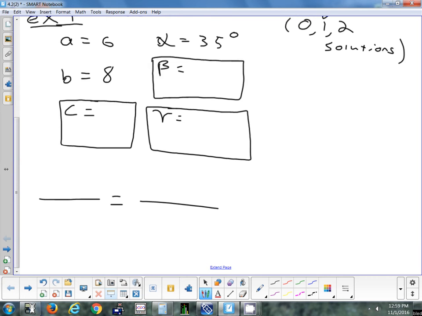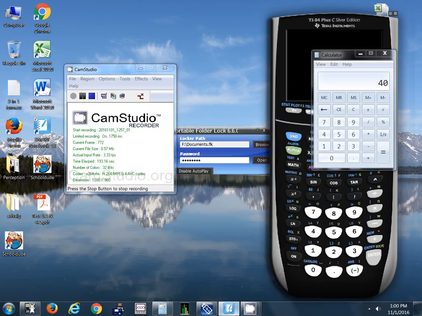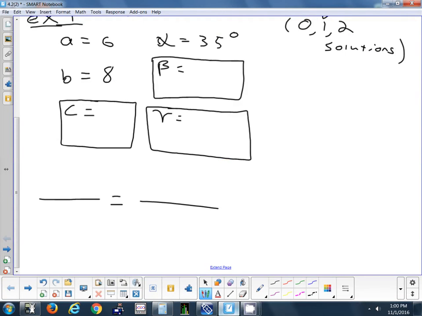6 sine of... What's going to go on the bottom? Tyler, can you help him out? What goes on the bottom here?